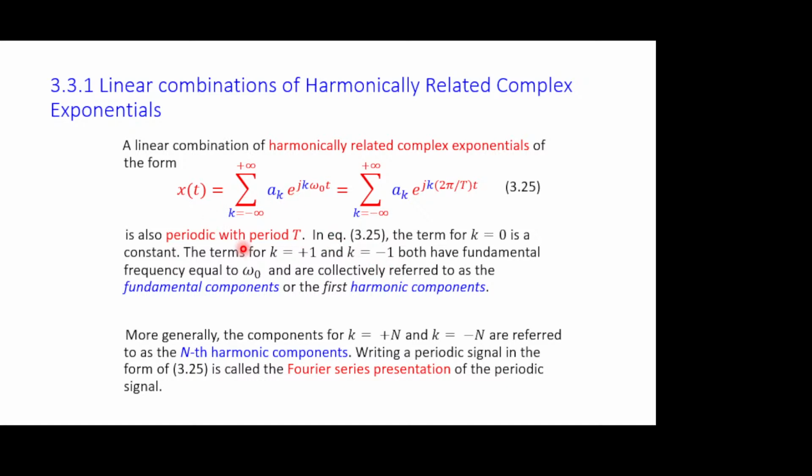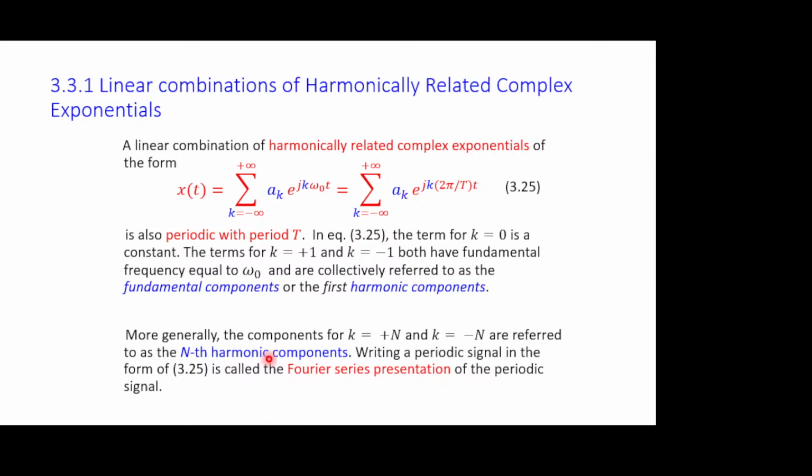Let everyone look at this once again. x of t equals the summation over k from minus infinity to plus infinity of a_k e to the jk omega naught t. If you write a periodic signal in this form, it's called the Fourier series representation.